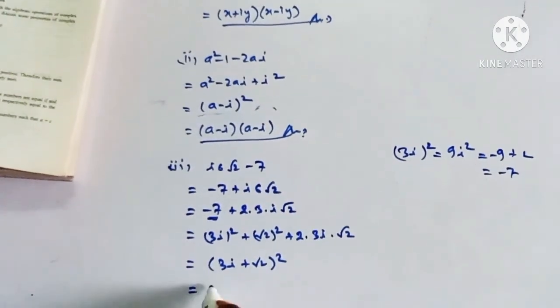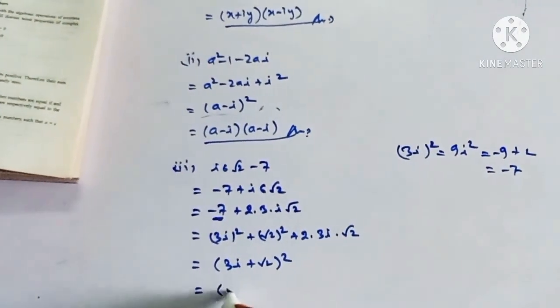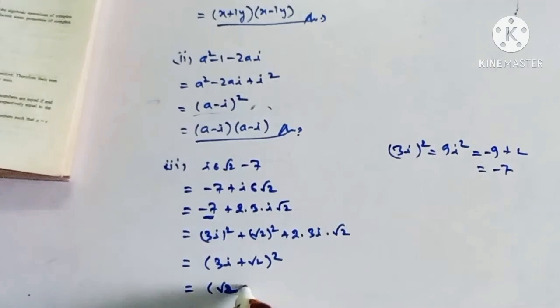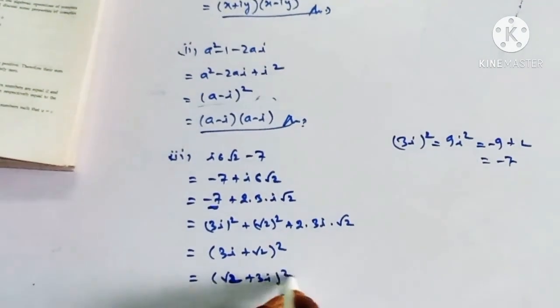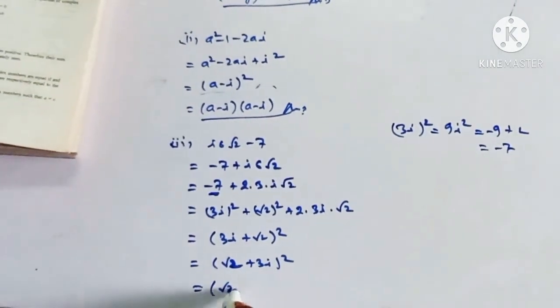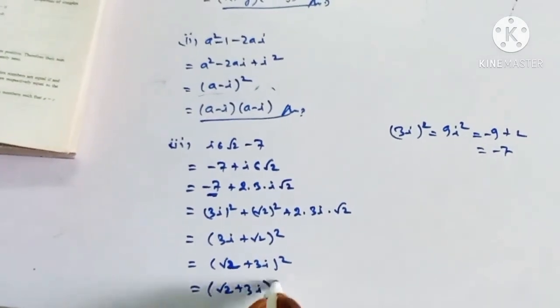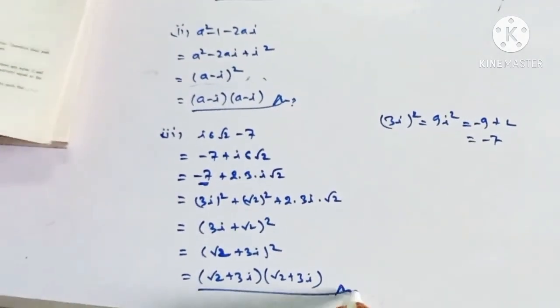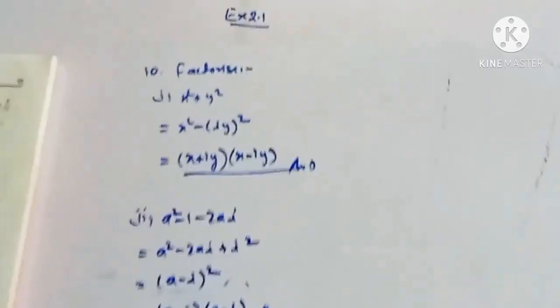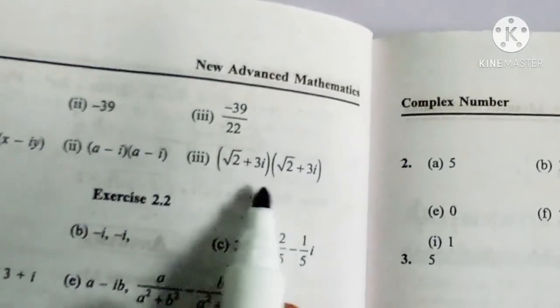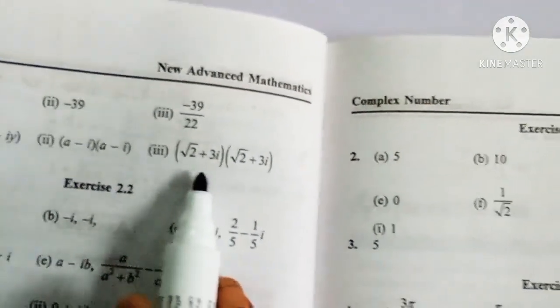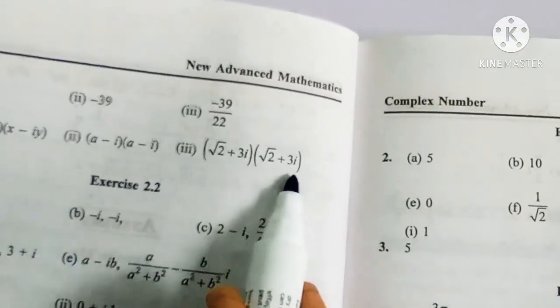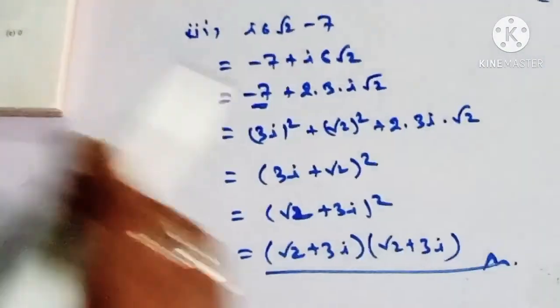I can write this as (root 2 plus 3i) the whole square. So (root 2 plus 3i) into (root 2 plus 3i). This is your answer. Let me check the answer. Yes, it is correct: (root 2 plus 3i) into (root 2 plus 3i). So this is your answer.